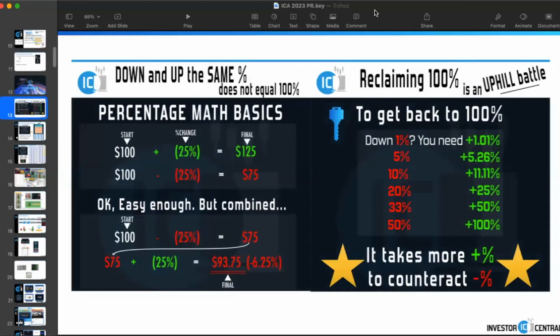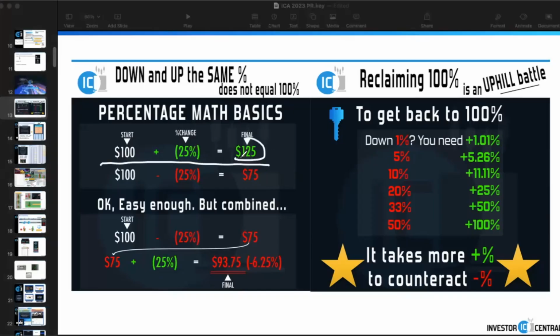What I want to show you here is a little bit of all that, all right? So if you had $100 and let's say you went up 25%, that would be 125 bucks. You go down 25% and you're down to 75.